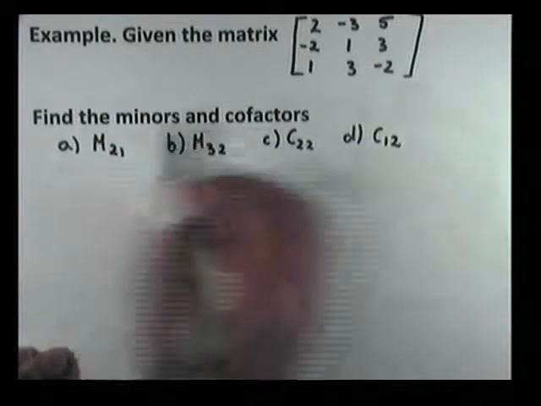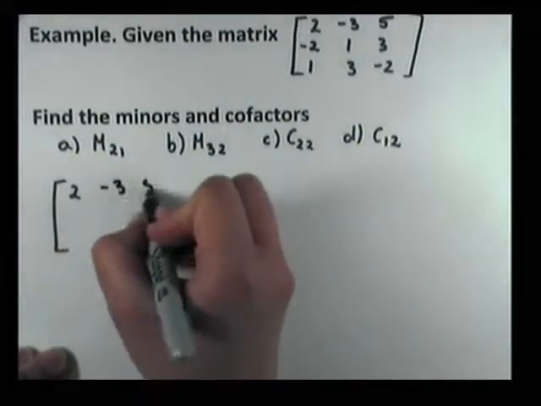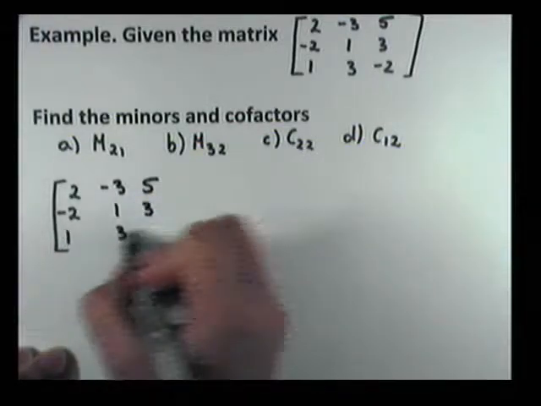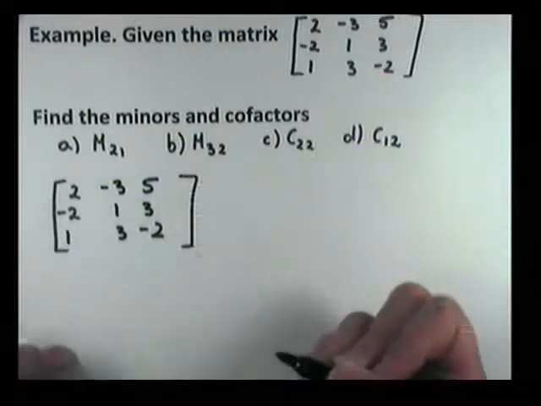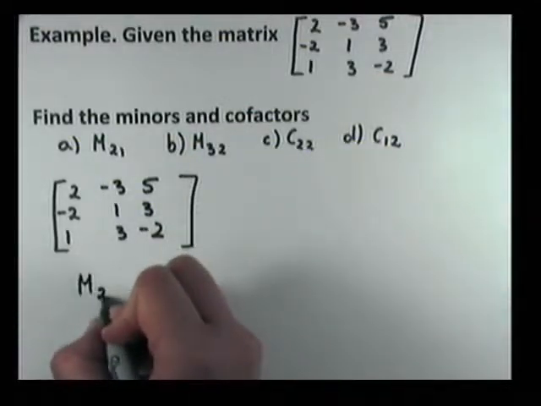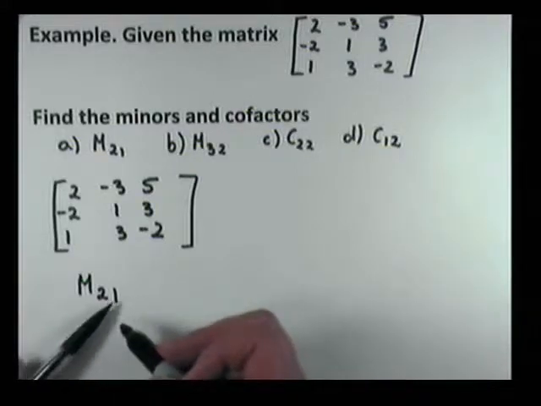So for this matrix, I will rewrite my matrix: 2, minus 3, 5, minus 2, 1, 3, 1, 3, and minus 2. So minor 2,1 means find the term corresponding to 2,1, so second row, first column.